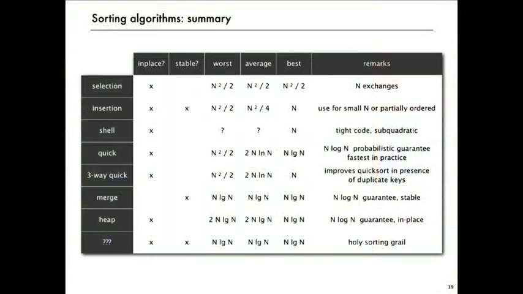So that's our full summary of sorting algorithms. It completes our treatment of sorting algorithms with Heapsort. And this is just adding the Heapsort line to the table. It's in place. We don't use any auxiliary array. It's not stable, but its worst case guaranteed time is proportional to n log n, as well as the average and the best.